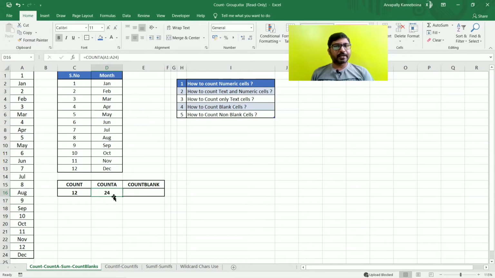COUNTA gets all the non-blank cells. Again I am explaining for clarification: the COUNTA function counts numbers and text, excluding blank cells.